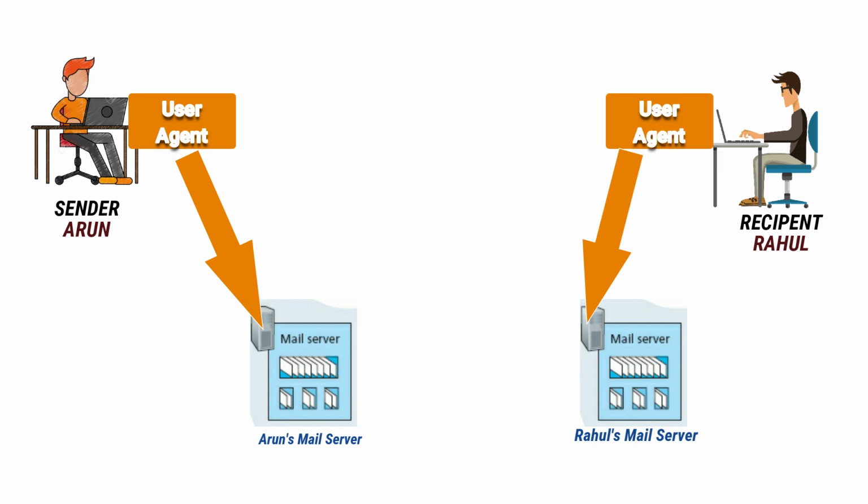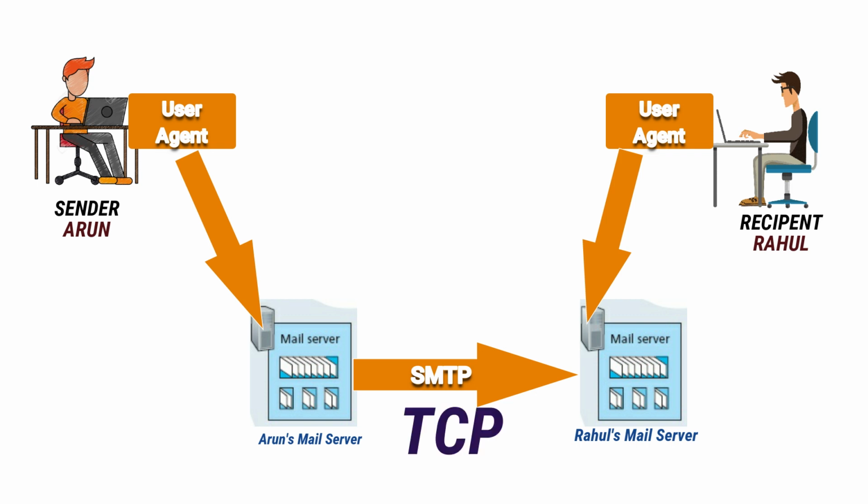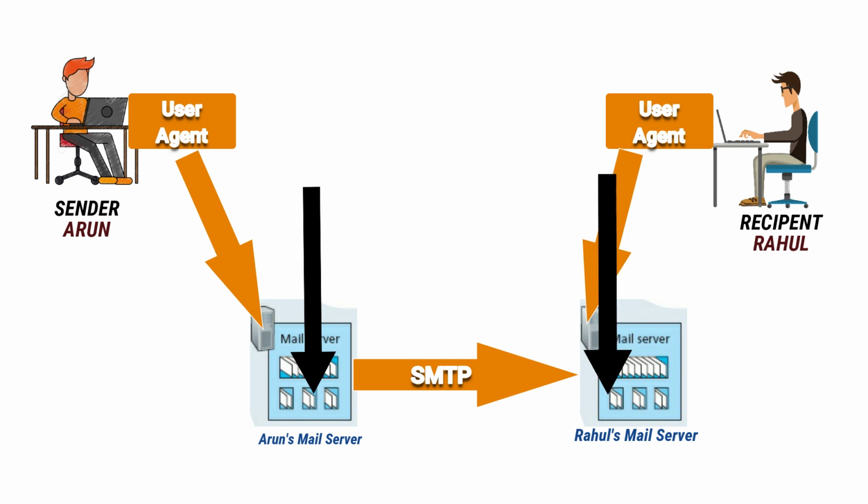Here the SMTP application layer protocol is used. SMTP is the principal application layer protocol for internet email. It uses the reliable data transfer service of TCP to transfer mail from the sender's mail server to the recipient's mail server. As with most application layer protocols, SMTP has two sides: the client side and the server side.